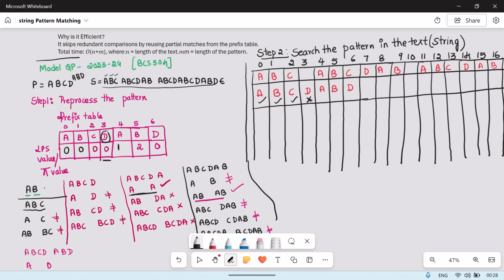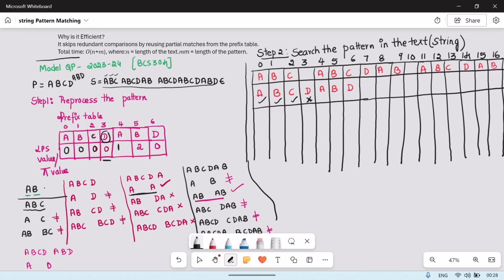Now what you do is you take that mismatch character, but don't do anything to it. Come to the previous value of it. So D is my mismatch character. I'll come to the previous character, that is C. Under C, identify the LPS value.